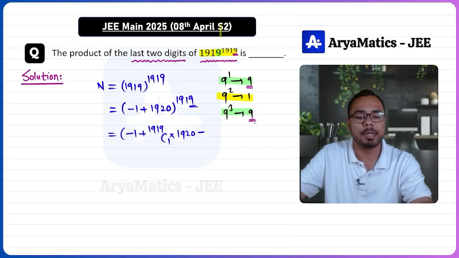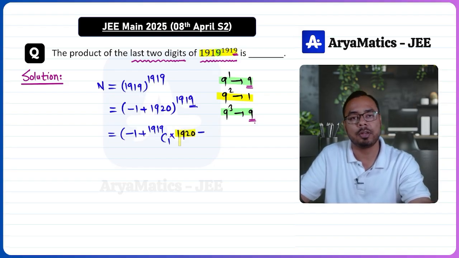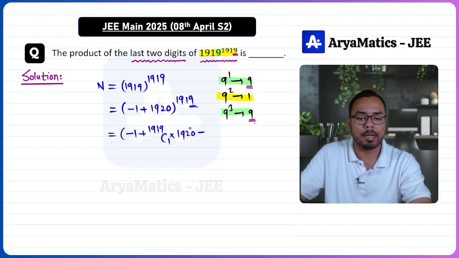Now in the next term you can see that you will get a square of this one, 1920 squared, and in 1920 we have a 0, so its square will have two zeros, right? That means the next number is definitely a multiple of 100, right? After that, the next number will have the cube of this one, so that will be 100 into some integer.